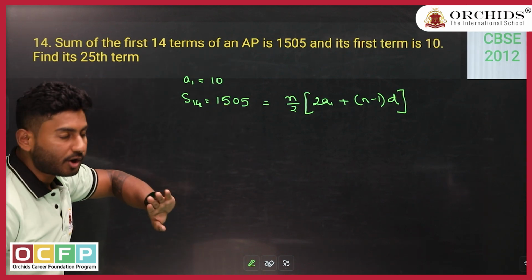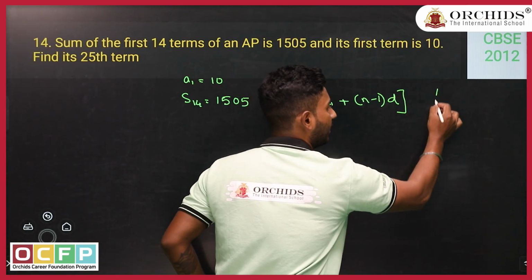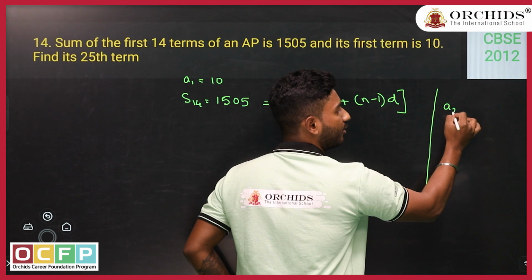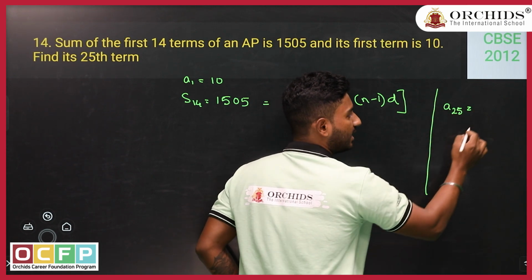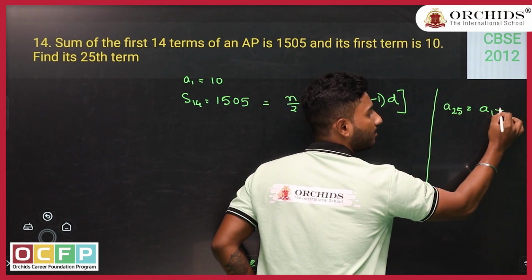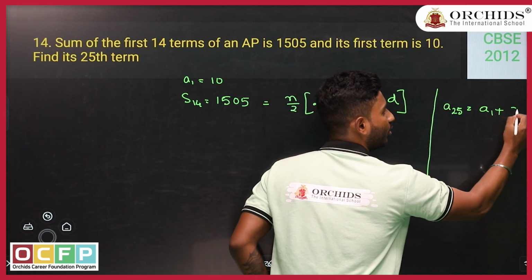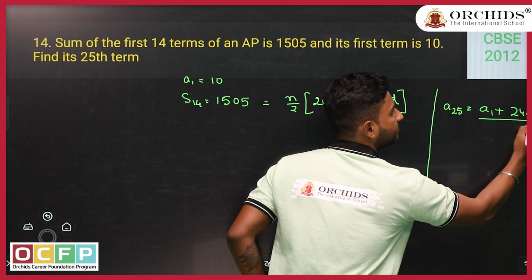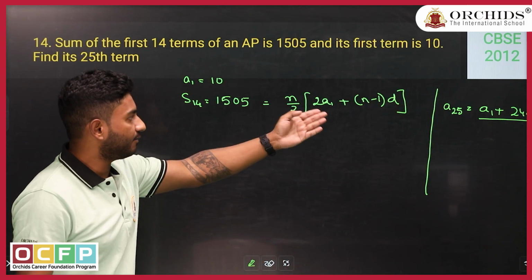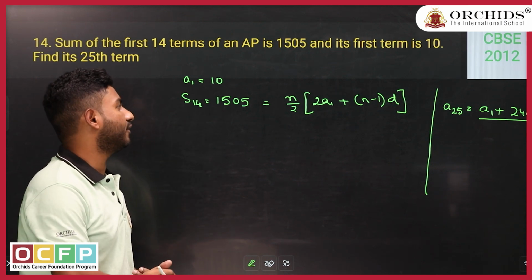Find the 25th term. So 25th term, if I need, what I have to do? A25 I have to find. So basically I need A1 plus 24D. So if I have A1 and D, I can find what is the 25th term.